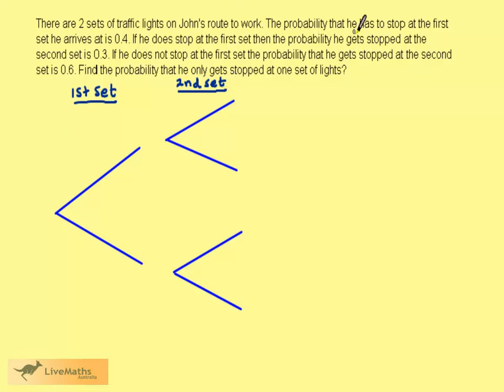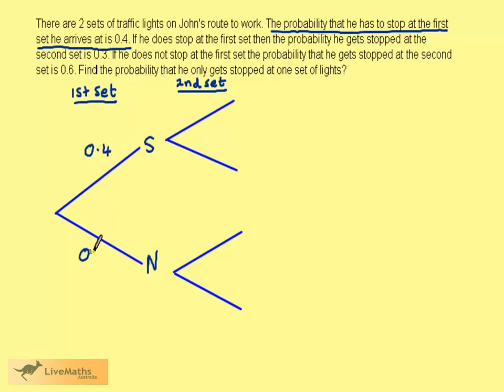We now need to extract the information from the question to put onto the branches. The probability that he has to stop at the first set is 0.4. So we could have stop and not stop, and the probability he has to stop is 0.4.